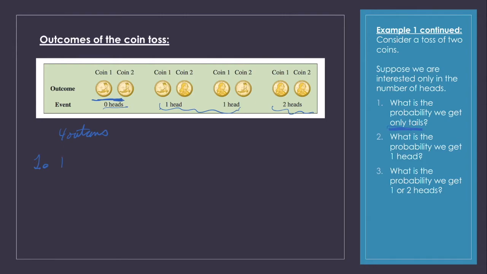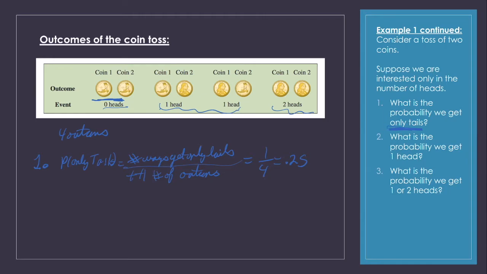So the probability of only tails would be the number of ways to get only tails out of the total number of outcomes. So that would be 1 out of 4, so 1/4 or 0.25 if you want to convert it to a decimal. Out of habit, I leave things as fractions, but if you convert them to a decimal, that's totally okay.